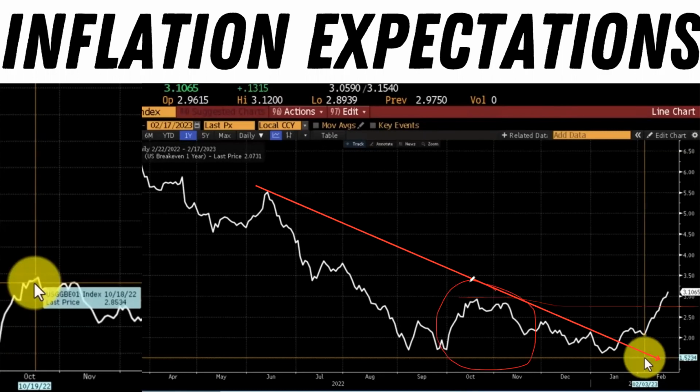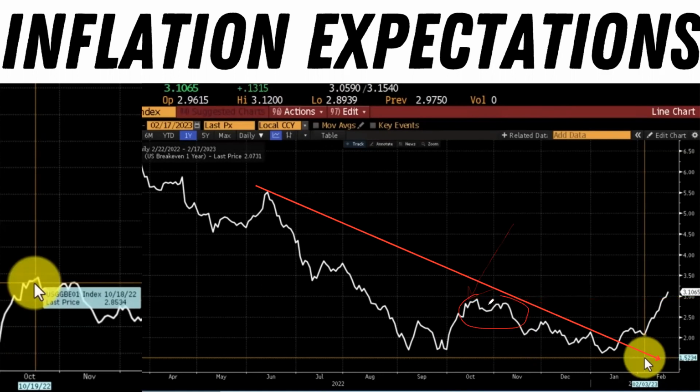And you have to remember the stock market bottomed right around October, okay? Maybe not precisely, but I'm pretty sure that we had the October bottom in the stock market, and inflation expectations are actually higher currently than what they were even in October, right?